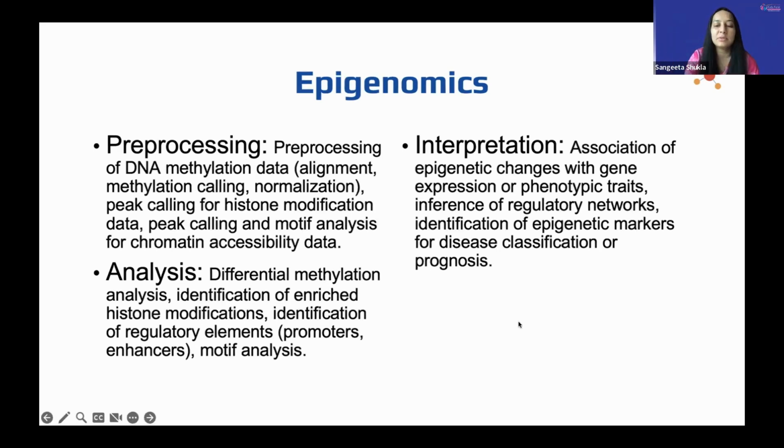All right, so after metabolomics, the next level of more complexity that can be added to the data is epigenomics, where we talk about how external factors may have an impact on the genomic composition.